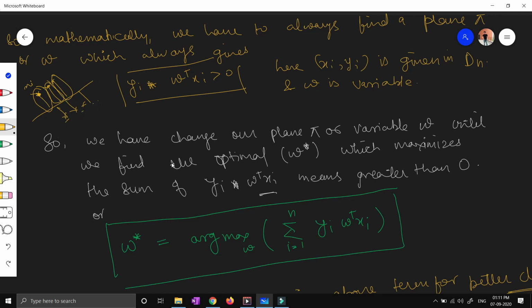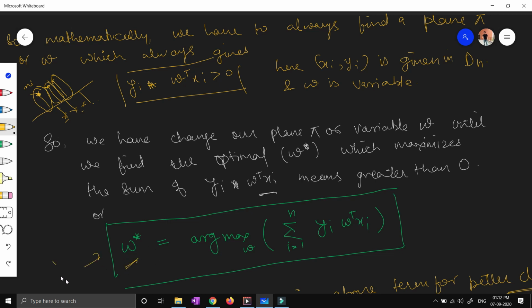If my plane maximizes this particular term, what is the meaning of maximization? It means that it's greater than 0. Then I'll say that my plane is correct. If it is not, then I have to optimize my w again and again until I find my optimal w, which I'll call w star.